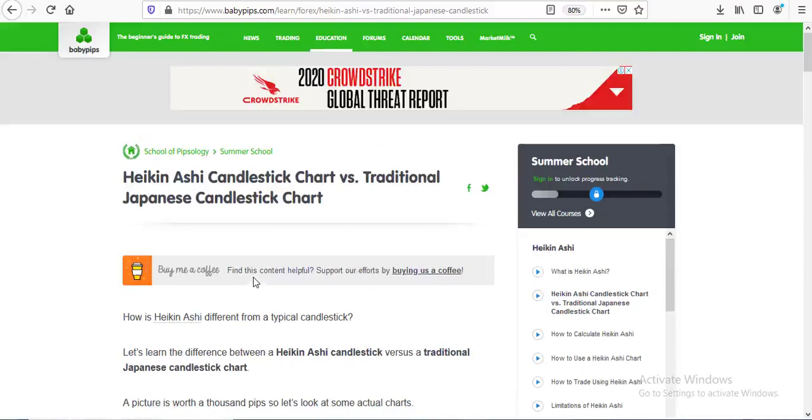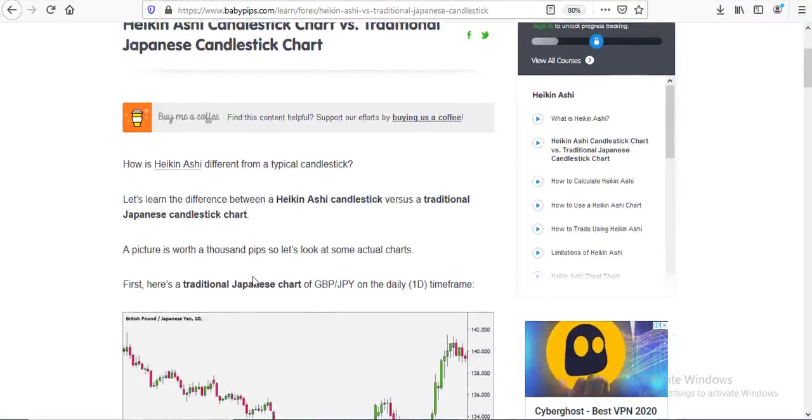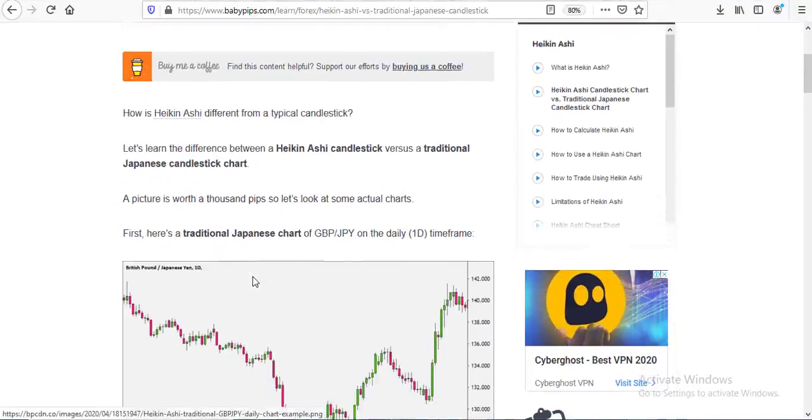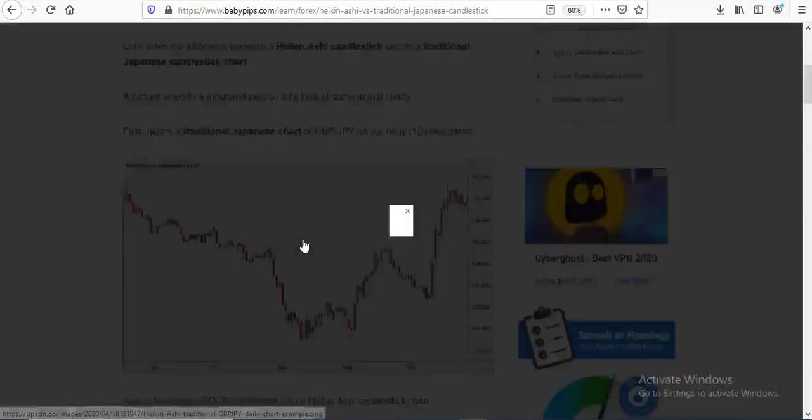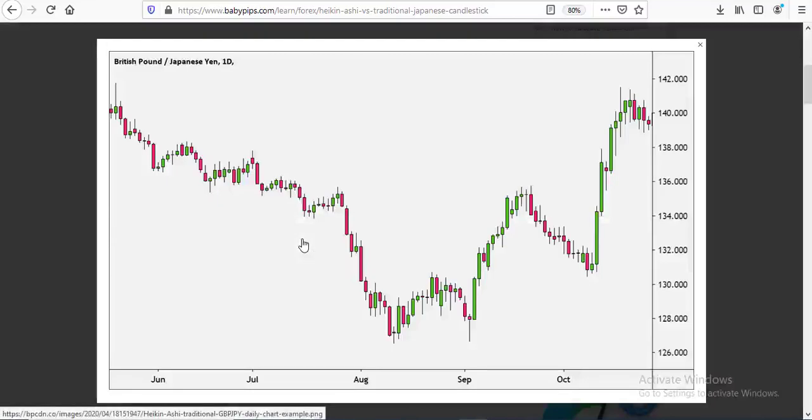So to do this, let us look at the pictorial description of a traditional Japanese candlestick chart and that of the Heikin Ashi. Alright, my friends, you definitely know that this is a Japanese candlestick chart, okay? And you can see we have two color candles here, green and magenta. And see how the price of the market is moving up and down.